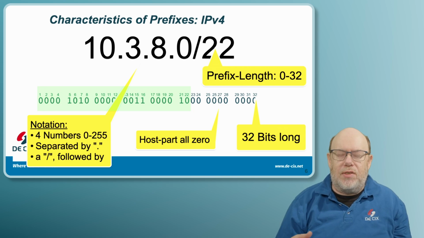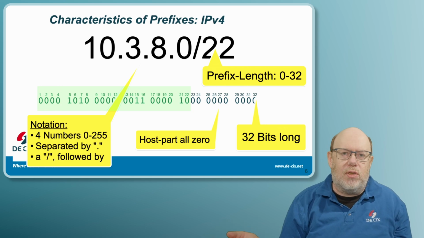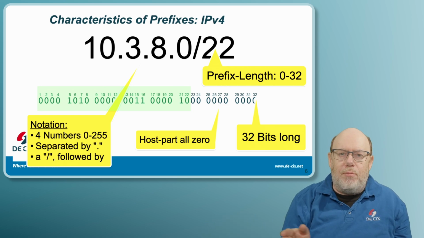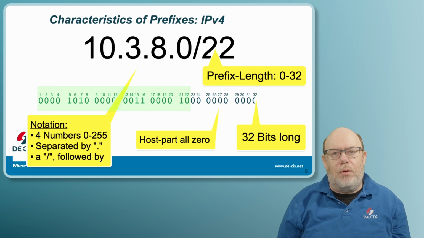You might have heard about so-called class A, B, C networks. That has been obsolete now for more than 30 years. For more than 30 years we are doing classless routing, as we call it. That means the number of bits in the network part is variable, and you note it with the slash and the number, /22 in this case.